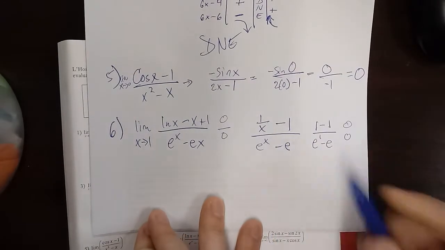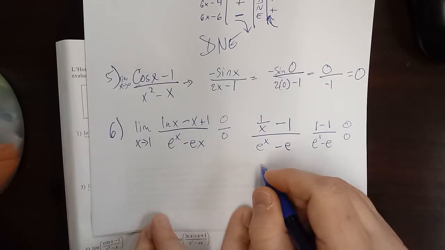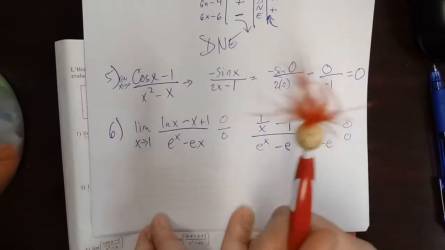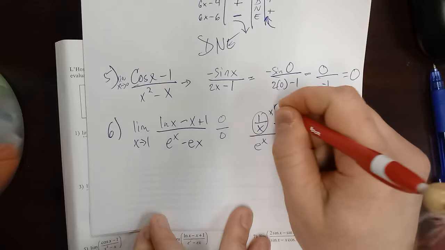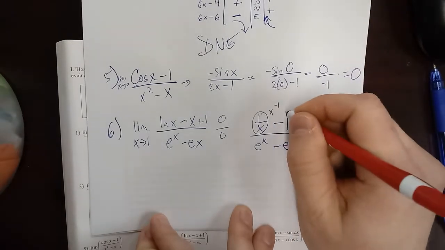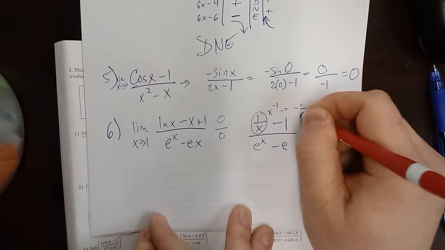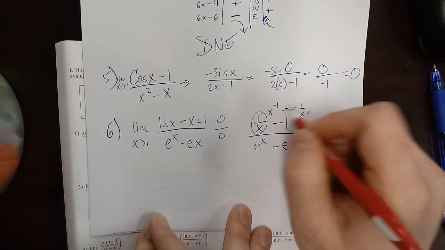Bonjour. So we use them again. Now we got to take this derivative. We're going to get 1 over x. Remember, we'll use our buddy Happy Hair Pen. So this is x to the negative 1. So its derivative is going to be negative 1 over x squared, right? It's going to be negative 1 times x to the negative 2, which flips down there.